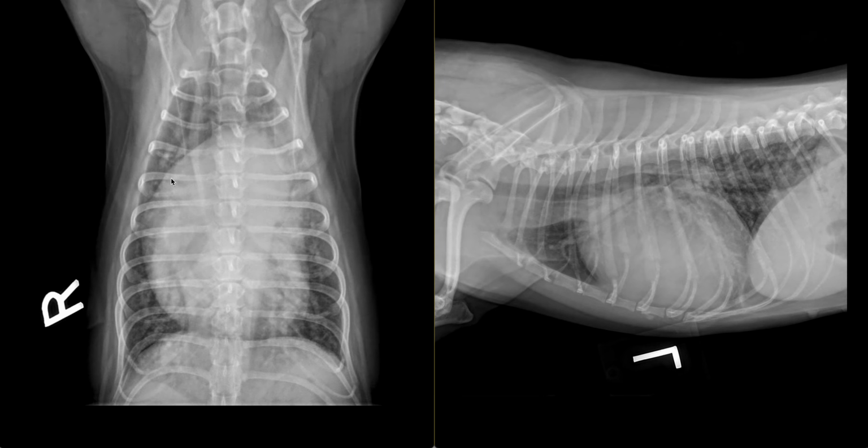There is severe global enlargement of the cardiac silhouette such that it spans both the height and the width of the thorax, with severe dorsal displacement of the terminal trachea. The aortic arch is enlarged and bulges at the 12 to 2 o'clock location in the ventrodorsal view.